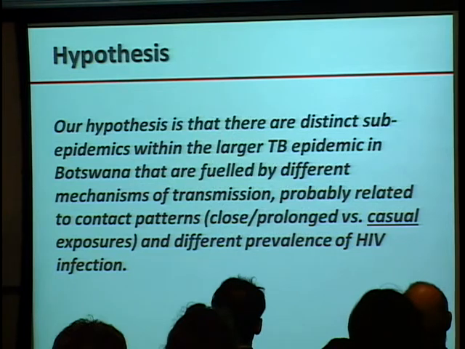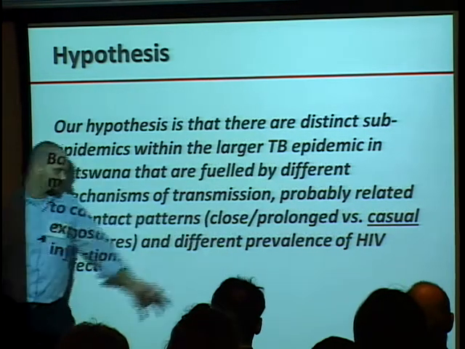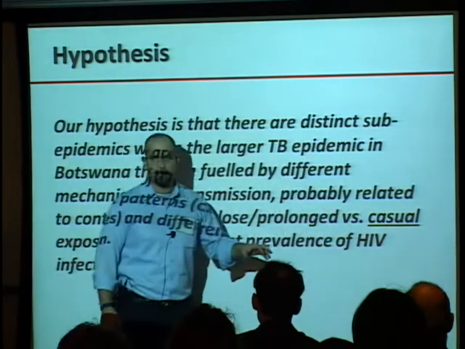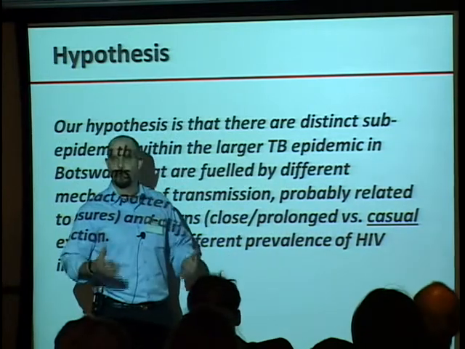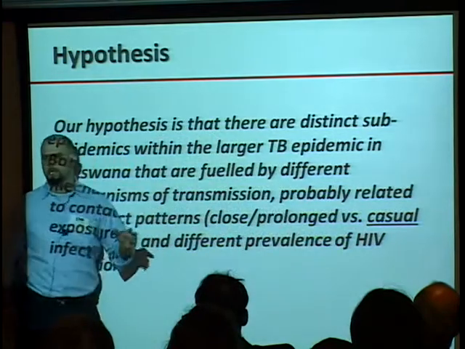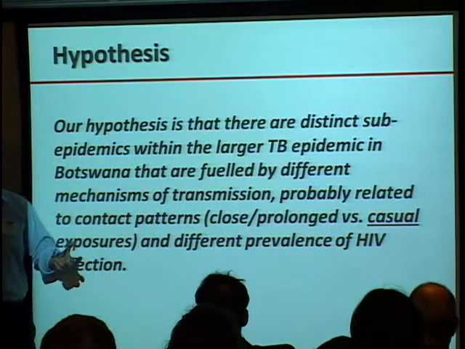So our hypothesis was basically that there are two different epidemics and that they are driven by different mechanisms, particularly HIV and drug resistance. And for people that work in areas with high HIV prevalence, most of the patients with TB cannot tell you who the contact was.